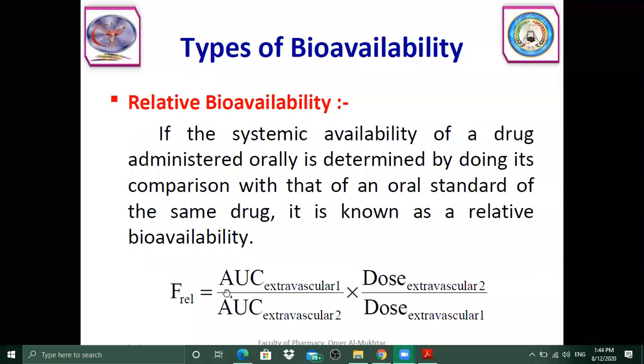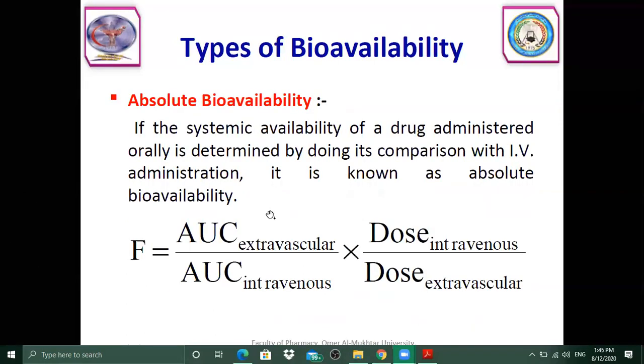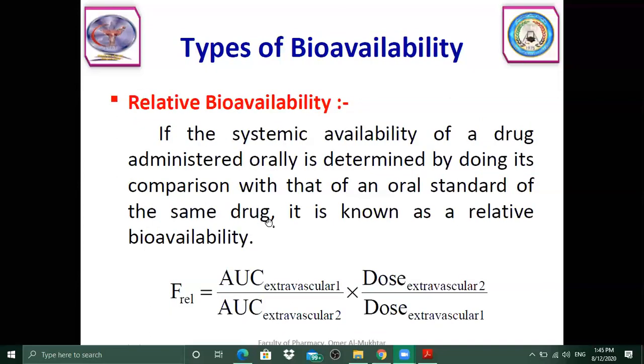The formula for relative bioavailability will be extravascular 1 and extravascular 2. Extravascular 1 is my formulation and extravascular 2 is the Glenmark's formulation that I'm going to compare with or refer with. It is the same formula that I have just written, and then you'll get the relative bioavailability. So very important: what is the definition of bioavailability and what are the two types of bioavailability.